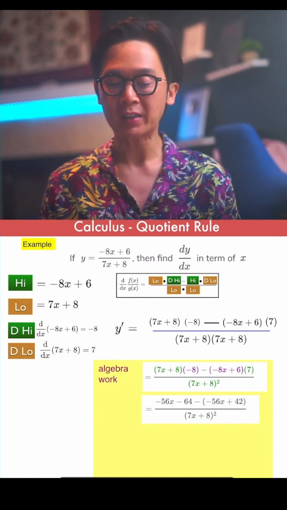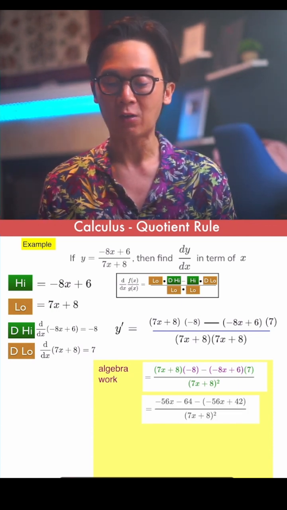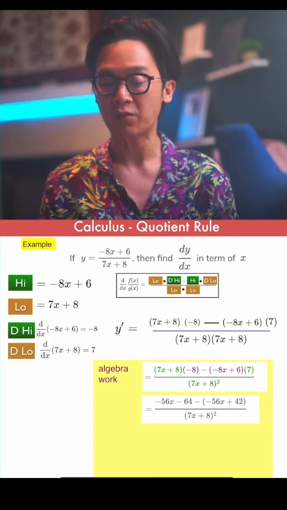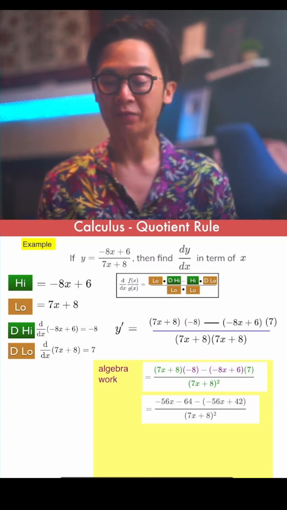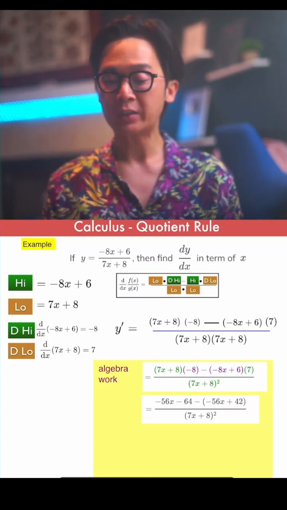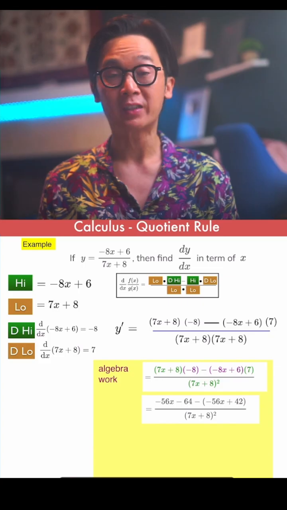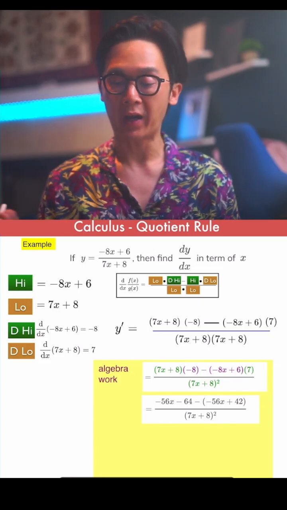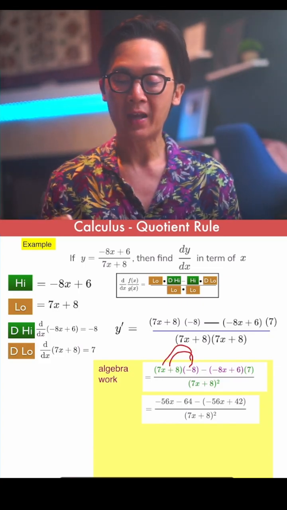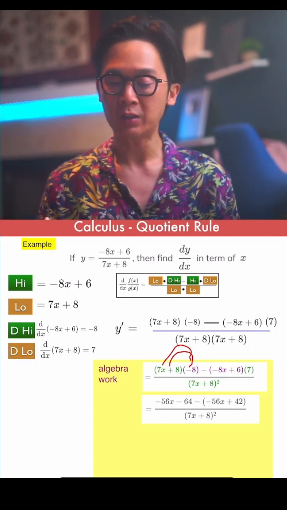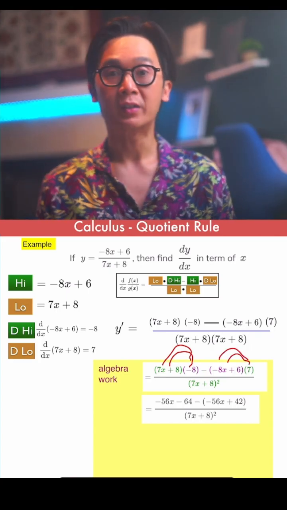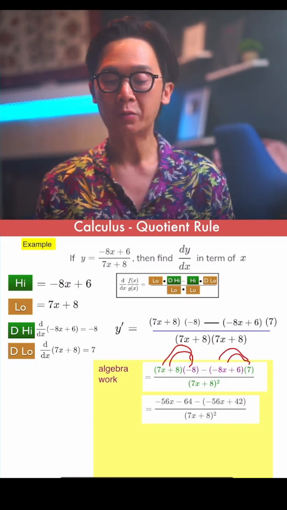Using the order of operations, we'll end up with negative 56x minus 64, minus the quantity negative 56x plus 42, all over 7x plus 8 quantity squared. So basically, we distribute the negative 8 to our first function and the 7 to our second term in our numerator.